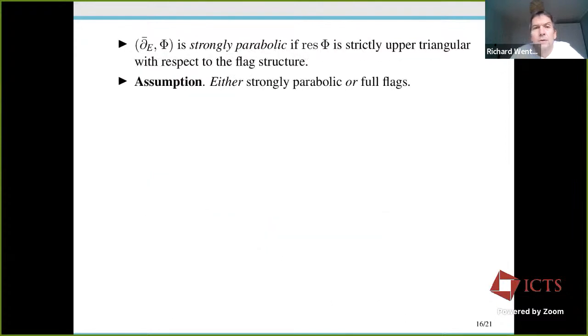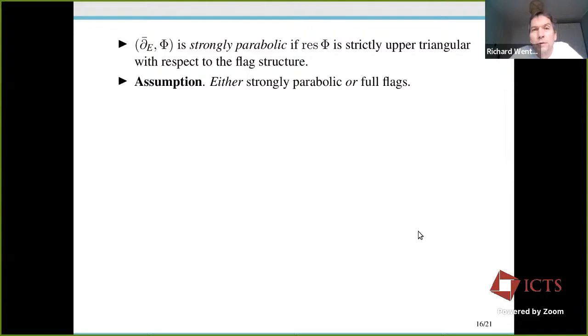Okay, so there are two kinds of flavors here. One is what is known as strongly parabolic. That's if the residue of the Higgs field is strictly upper triangular with respect to the flag structure. And in this case, on the moduli space of such objects, we still have a C-star action.